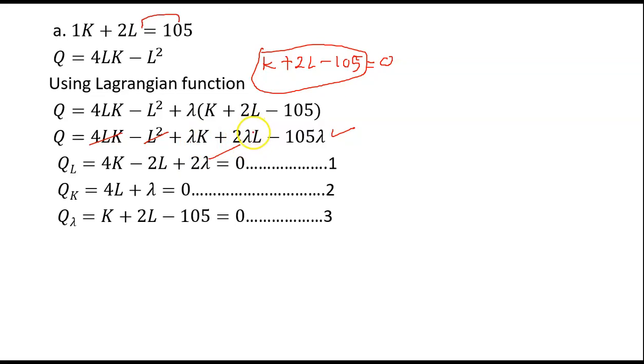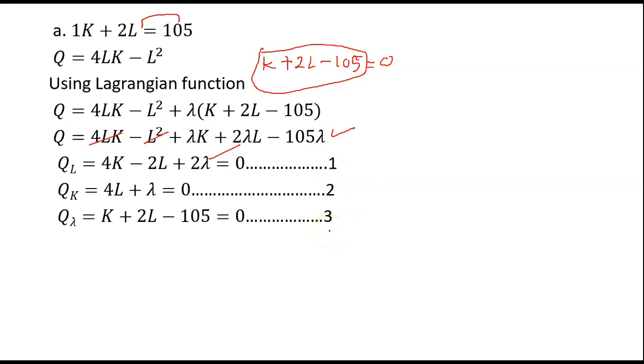Then you subtract 1 from the exponent of lambda, you get 0. Lambda exponent 0 is 1, so you have 2L as your answer. When you also differentiate 105 lambda with respect to lambda, you are going to get minus 105. Okay, then you also equate this to 0. So we have 3 equations.